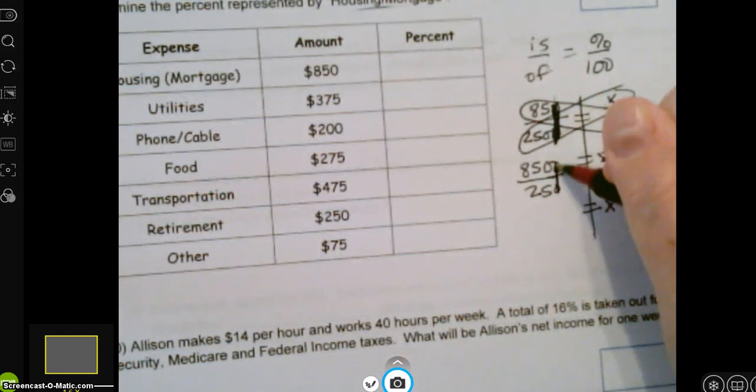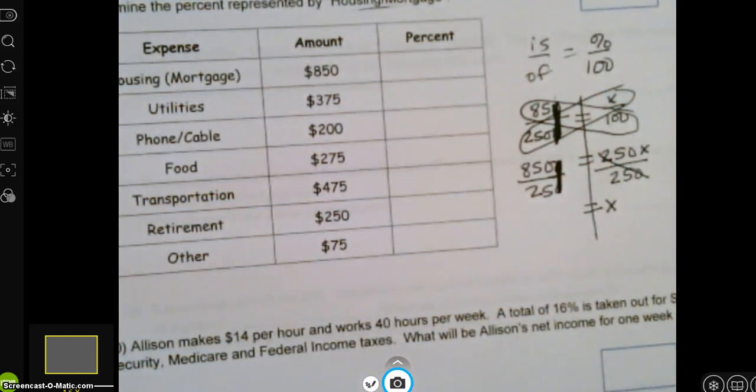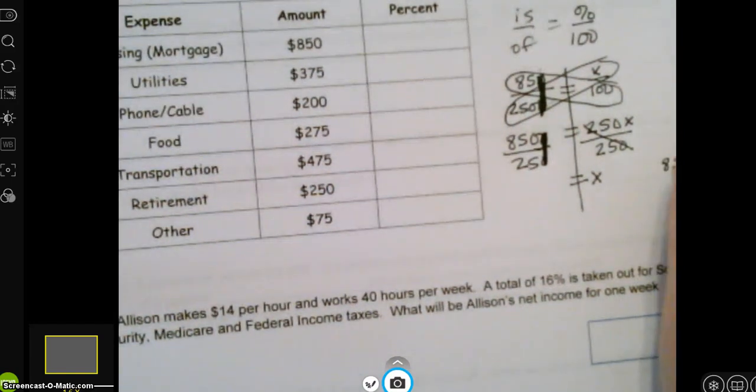So we're going to cross that out, right? So 850 divided by 25. Okay. 25 is the easy one. I don't have to list it. 25 into 85 is 3 because that's 75. 1, 0 when I subtract.